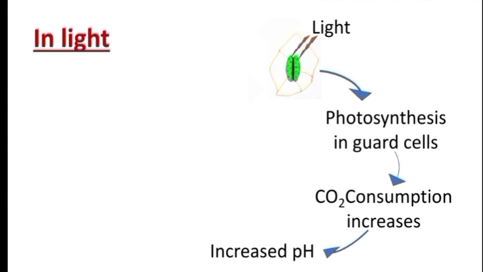CO2 is used in the formation of various types of organic acids in the plant. So as CO2 is consumed, the concentration of organic acids in the cell comes down, and therefore the acids break down to release more CO2 for photosynthesis, and the pH of the guard cells increases.